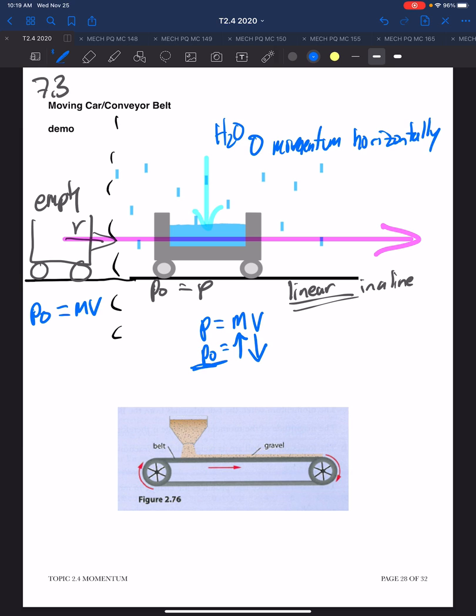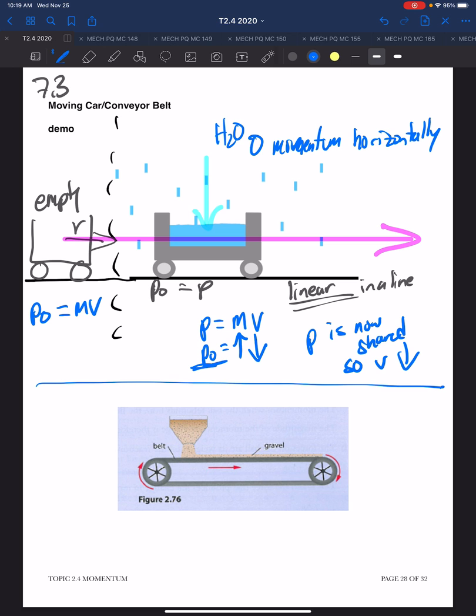As this cart gets pushed along its track and it's raining on it, it's going to gain mass. All the while it gains mass, the total mass of the cart system, which is the mass of the cart and the water from the rain, is going to increase, and that momentum is now shared. So v must decrease. And so that's what happens with a horizontal cart.